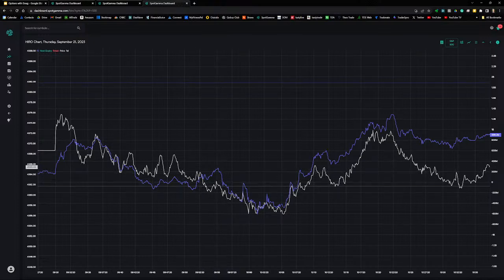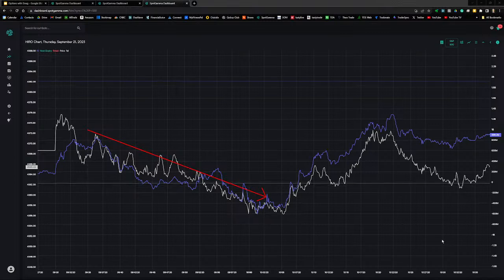What this chart is showing is that traders were taking negative delta positions. That's shown by the falling purple line. Up until about 10 o'clock, they started taking positive delta positions. And let's take a closer look and see what they were doing.